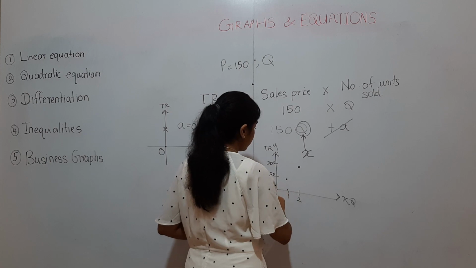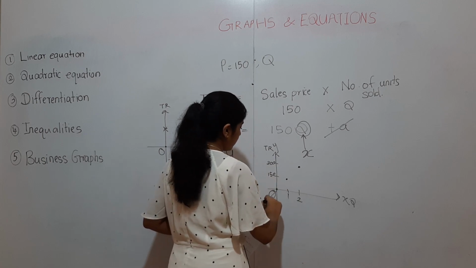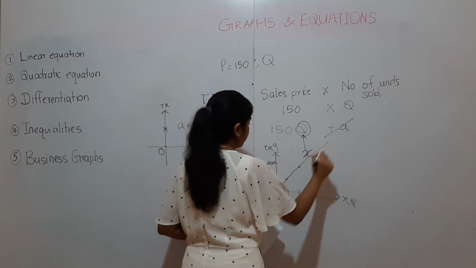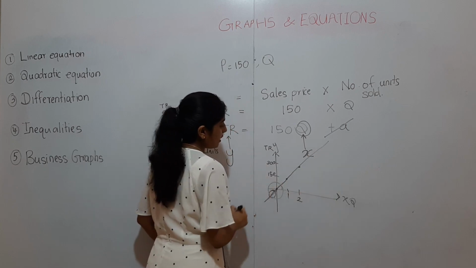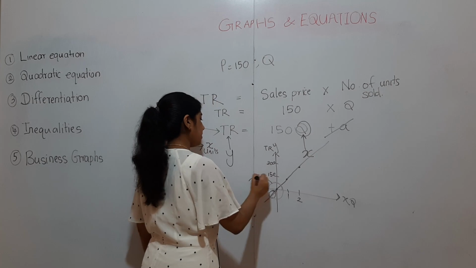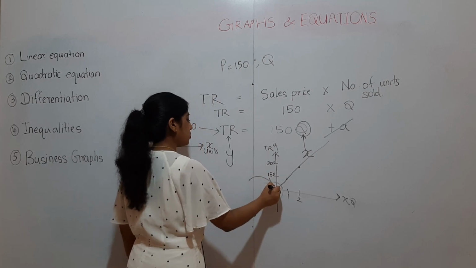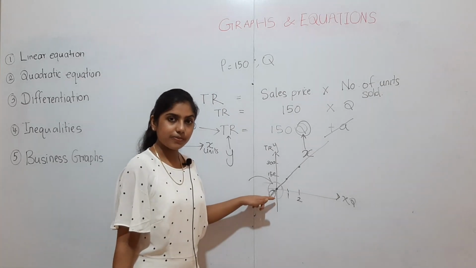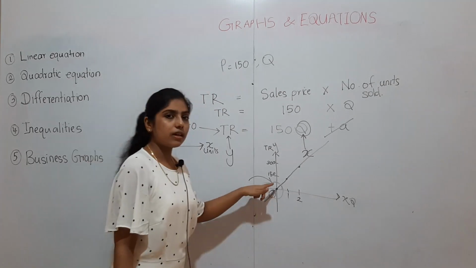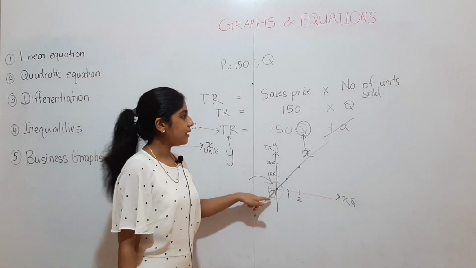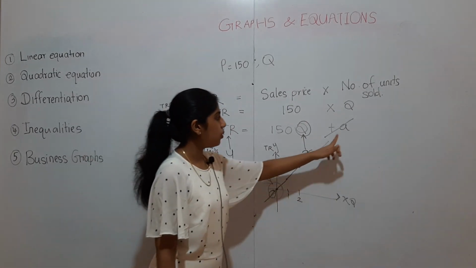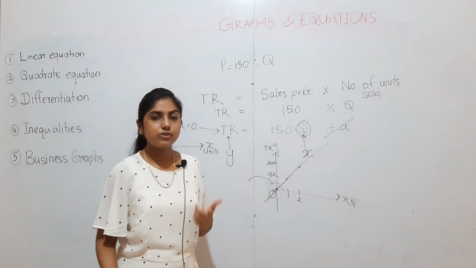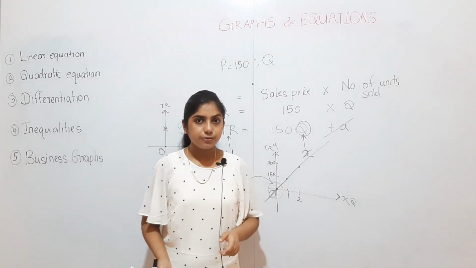So the line goes like this. It cuts through 0. That's the key thing. If the line cuts through 0 like that, that means there is no intercept. The intercept is equal to 0. Fine?